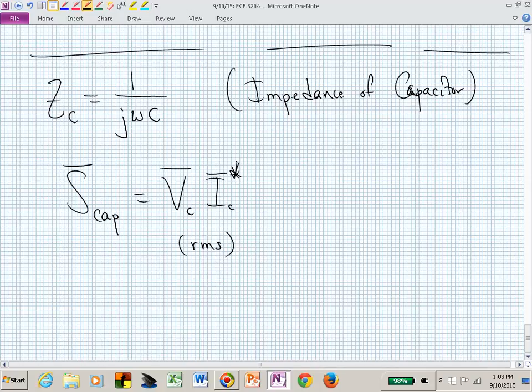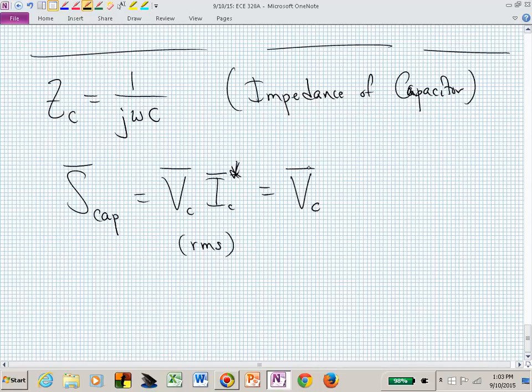VI star, voltage of the capacitor, current of the capacitor. But we have known to us the voltage that's across all of those parallel combinations of the loads and the capacitor. So let's try to rewrite this complex power of our capacitor in terms of voltage and get rid of that current. But we're okay to incorporate that impedance because we know what that is.